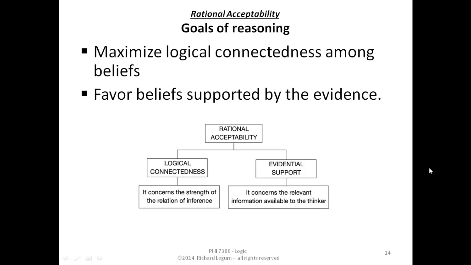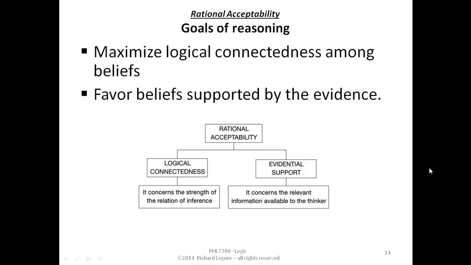And the only thing we have to go by in the individual beliefs, the things that we're using to support other beliefs, is the evidence that we have for those beliefs. So the idea is, when we are considering arguments to decide if they are rationally acceptable, there are two things to worry about, and only two things.